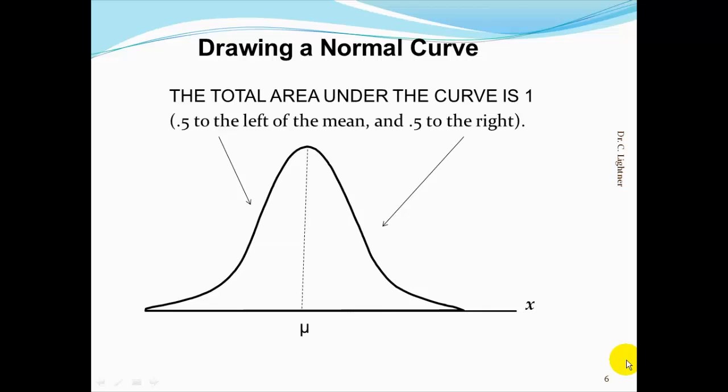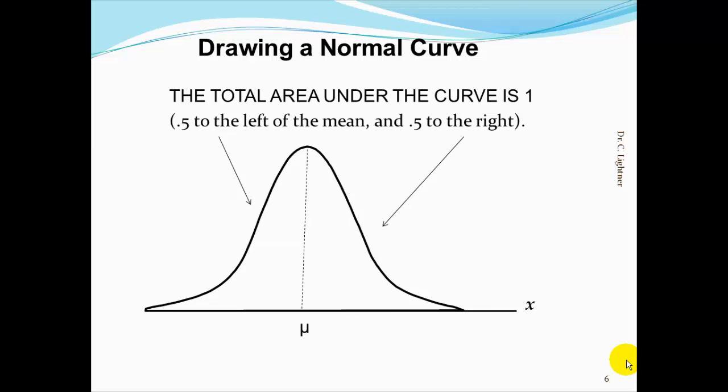Also, for a continuous random variable, we know that the total area under the density function equals 1. Since the normal curve is symmetric about the mean, half of the area under the curve is to the left of the mean, which indicates that half of the values in the population are less than or equal to the mean, and half of the area underneath the curve is to the right of the mean.